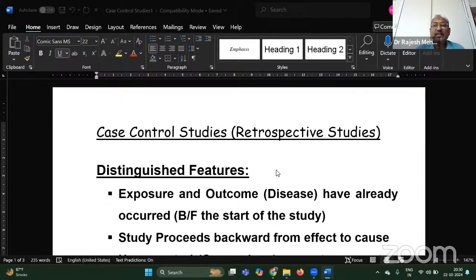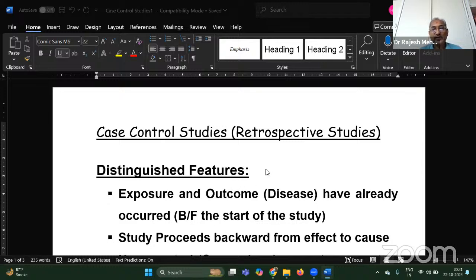If you have a disease, diabetes, other disease, no disease. It's not that there could be only one control. For one case, there can be two, three controls also. And as far as the category is concerned, there could be multiple categories also.